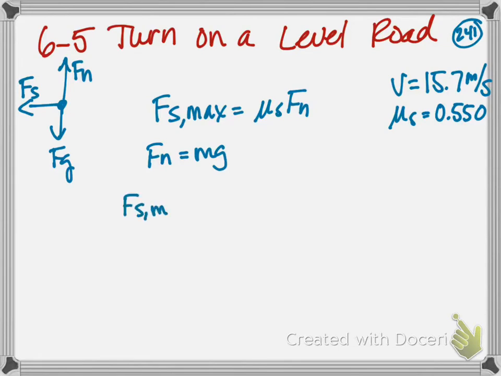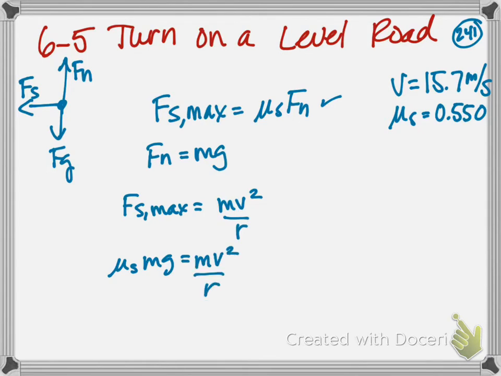Fs max is a centripetal force. So we can say that's equal to mv squared over r, right? Now substituting this in for Fs max, we have mu s times mg equals mv squared over r. And doing some manipulating with your algebra, you get a radius of 45.7 meters, okay?